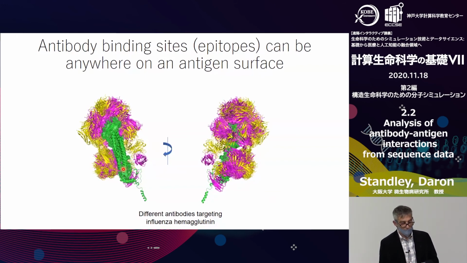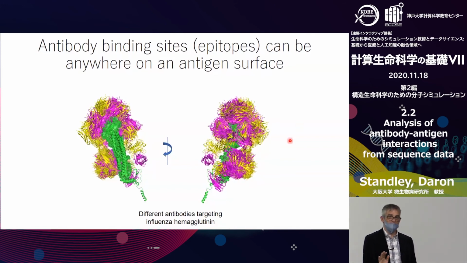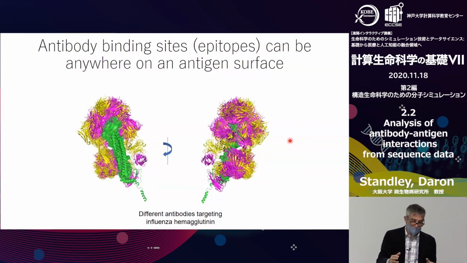The only reason you don't see them here is because I didn't show them here. This is a trimeric symmetric molecule, so I just showed one of the hemagglutinin here being targeted. It's the same with other viruses, HIV, COVID-19 spike protein. The whole entire surface of their antigen can be targeted by different antibodies. That's why you need multiple antibodies in your body.